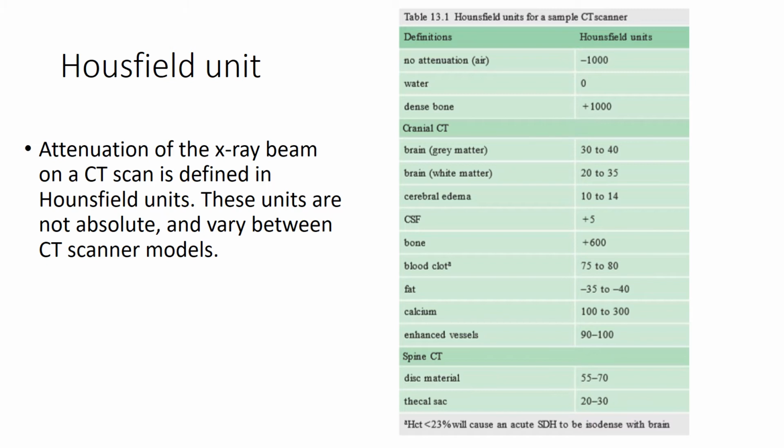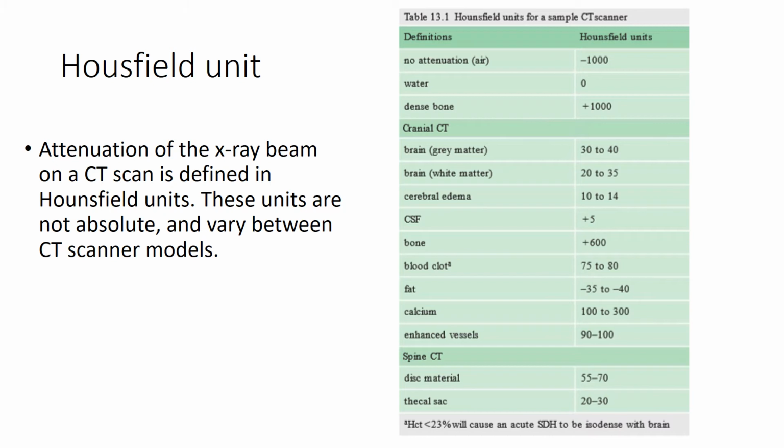Every organ in the body will either reflect or allow the X-rays to pass through it, and this will give us the density, or the Hounsfield unit, of that organ.